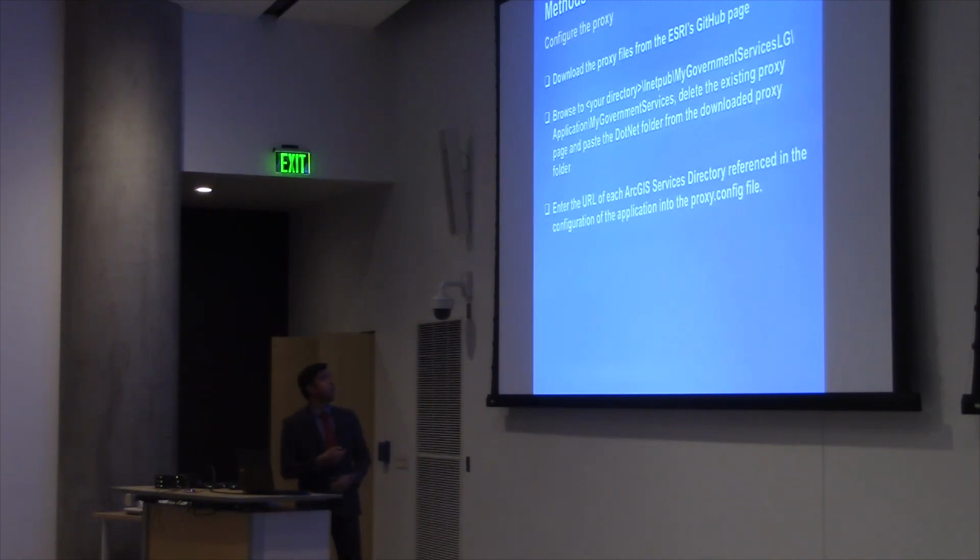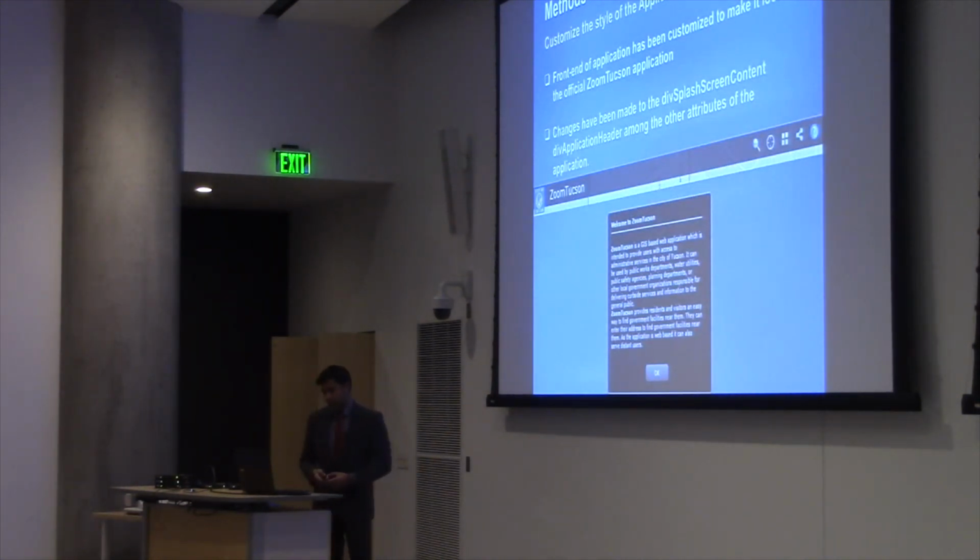In order to be able to use that, we have to paste it to the application folder's location. And this proxy application itself has its own configuration file where we want to add those URLs which we believe would be responsible for request handling of the application. And once this is done, this should be operational.